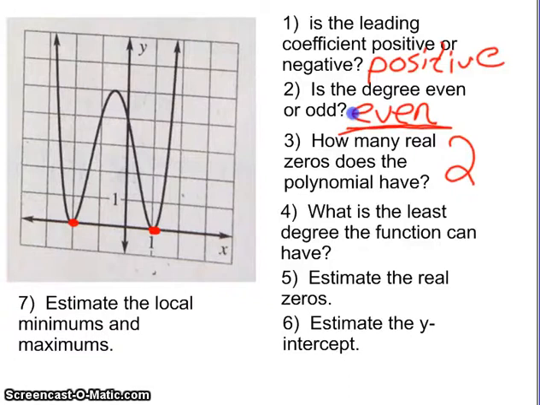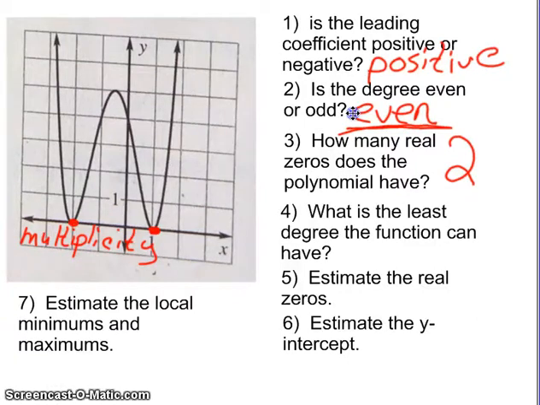And I'm going to point out something else about these zeros on the graph. It looks like they are both of multiplicity 2. Have we discussed that before in one of the previous videos? If a zero crosses the x-axis, it's of multiplicity 1. If it only touches the x-axis but does not cross it, it has to be of multiplicity 2 or higher.